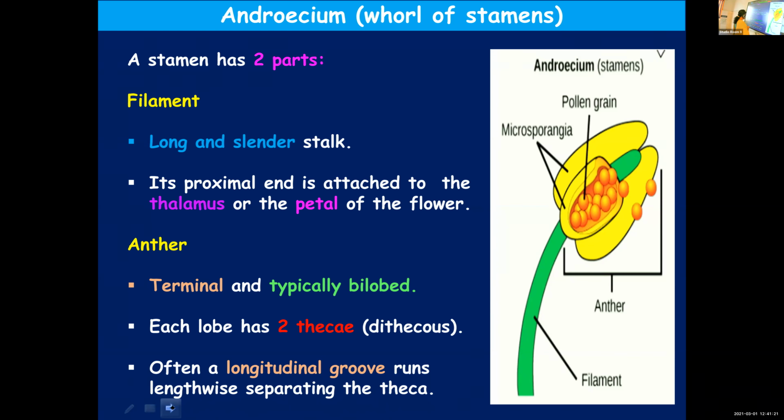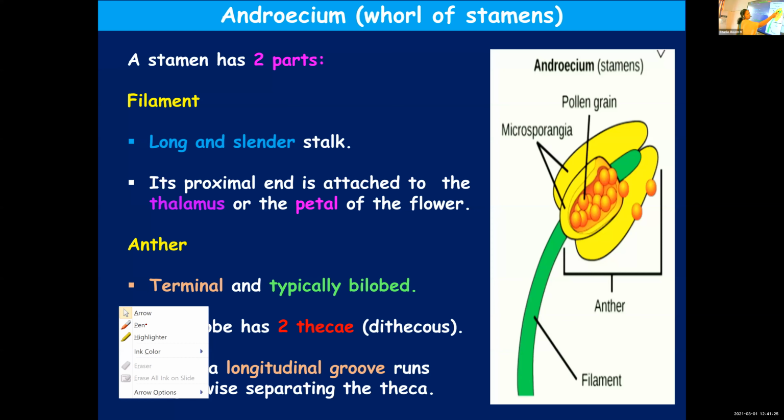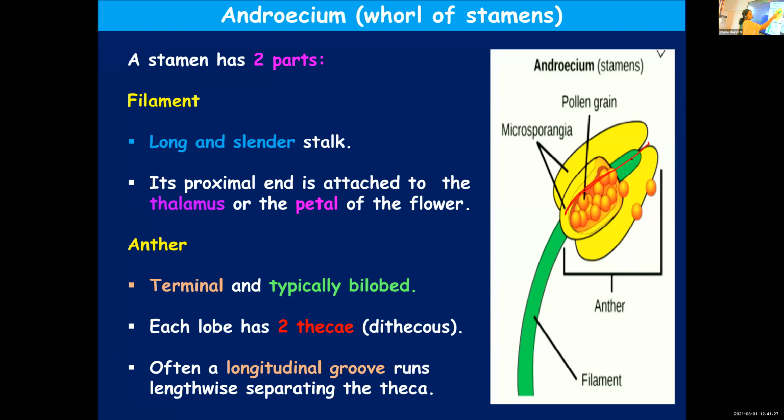So separating the different chambers, there'll be a groove-like structure. The theca will be separated by a longitudinal groove, and it is not completely divided, but you can see a longitudinal groove separating out the theca.